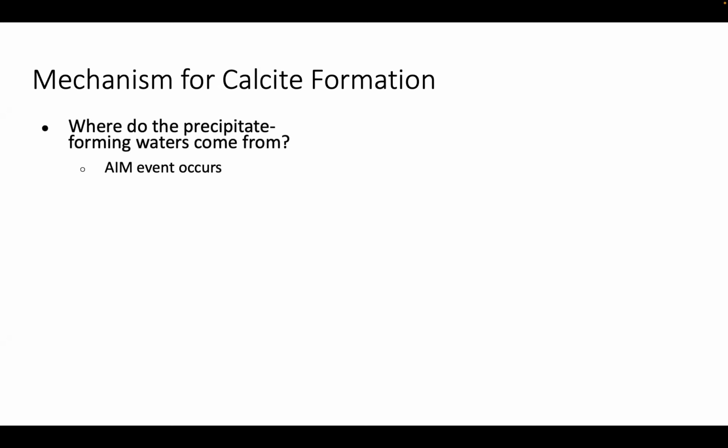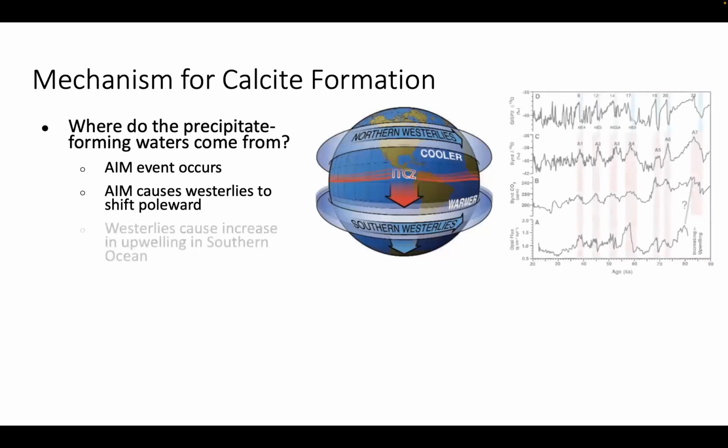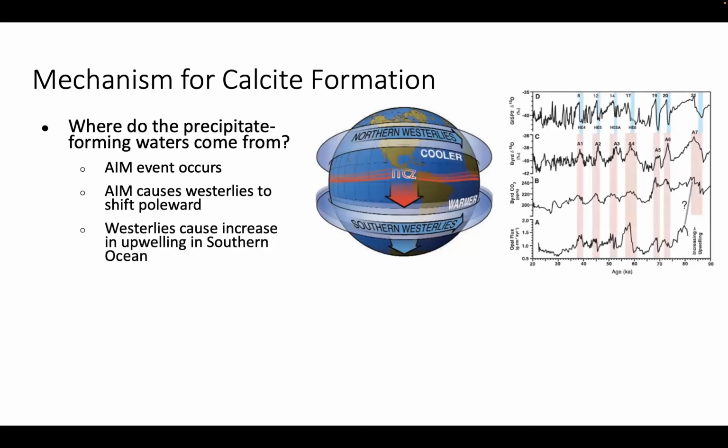The conceptual model that we're working with is that an AIM event occurs, there's a warm period in the Southern Ocean, or a warm period in the temperature record. That AIM causes westerlies to shift poleward. The shifting of the westerlies poleward causes an increase in upwelling in the Southern Ocean, which you can see in this figure to the right.